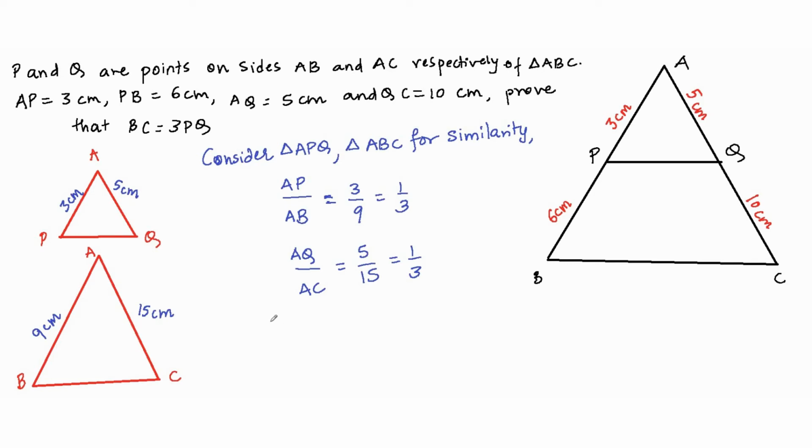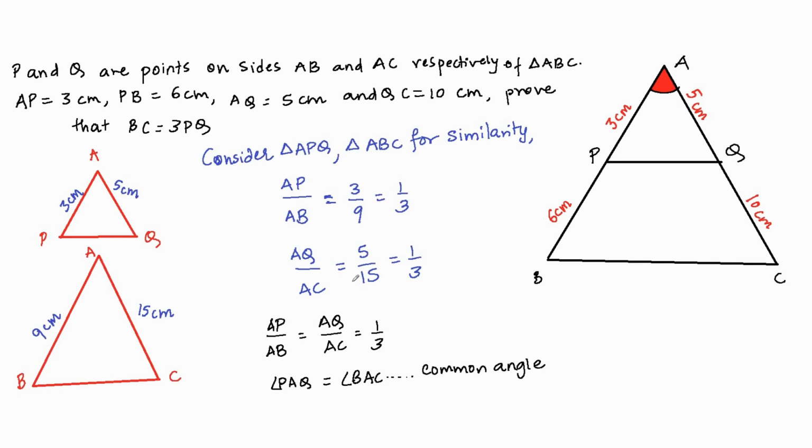Now I notice that AP by AB is equal to AQ by AC, which is equal to 1 by 3. And also angle PAQ is equal to angle BAC, because this is the common angle. If you notice, in both the triangles, it is this particular angle that is being considered, and these two angles are equal to each other, so that's why that is the common angle.